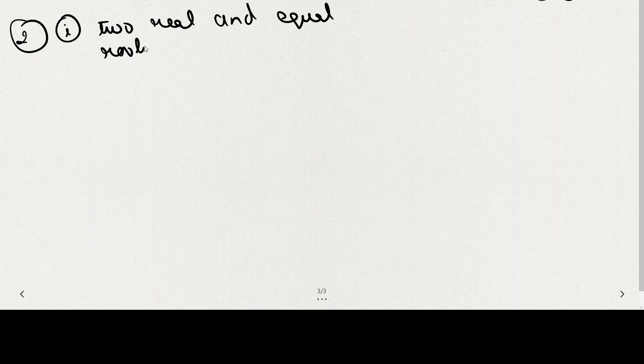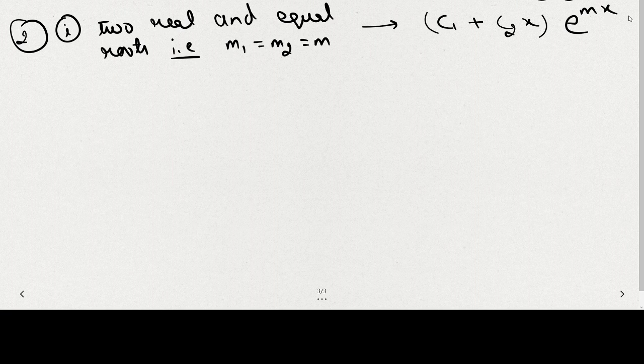Now second, if you have two real roots but both are the same, that is two real and equal roots, m1 equal to m2 equal to m, then you will write (c1 plus c2 x) e^(mx), where c1 and c2 are constants.